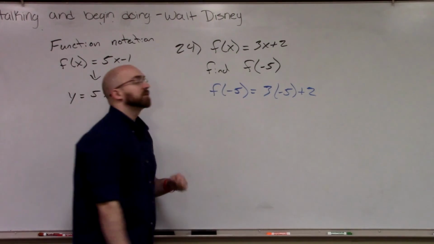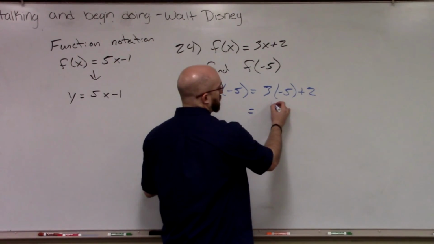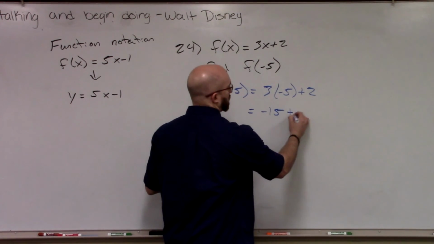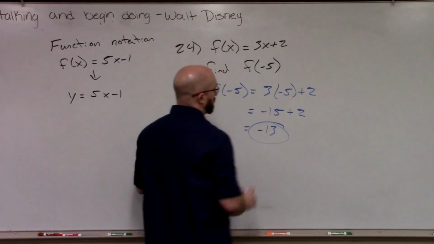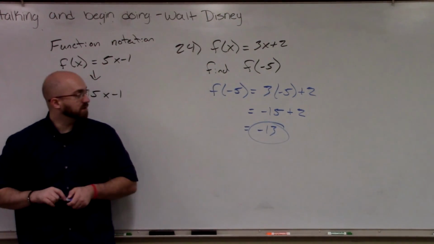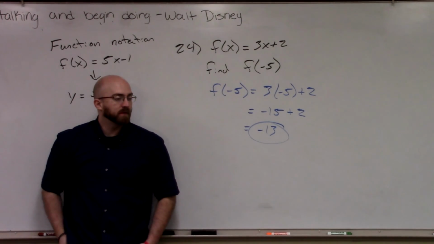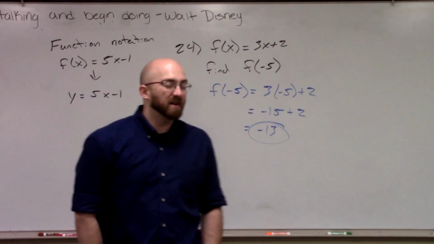I'm plugging -5 in for all the x's in my equation, and we solve it out. So this is going to equal -15 plus 2, which equals -13. And that's function notation. It's actually very simple. All you do is just plug a value in and get a value out. And that should do it for 2.1. Functions, just lots of practice doing it. Okay.